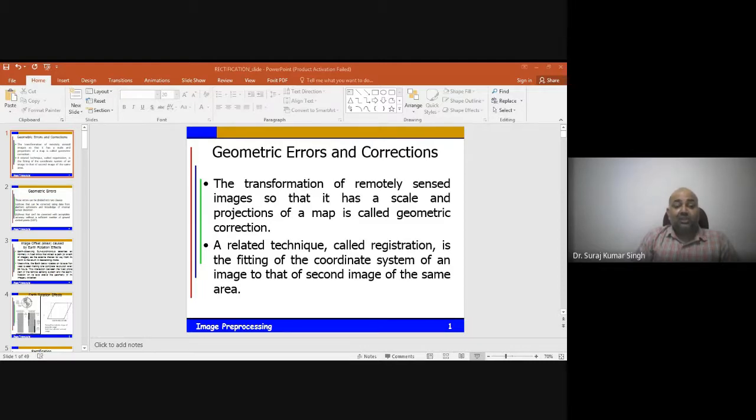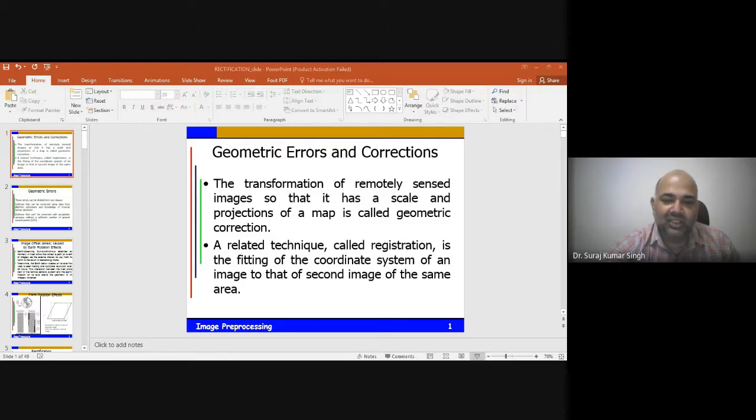Why is this method used? This method involves computing root mean square error for each of the ground control points. RMS error is the distance between the input location of a ground control point and the retransformed location for the same ground control point.